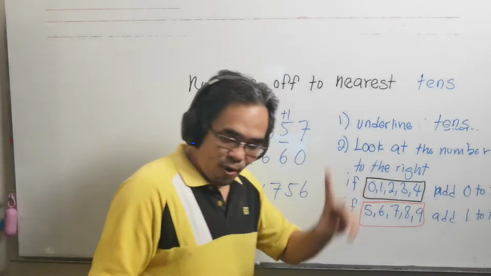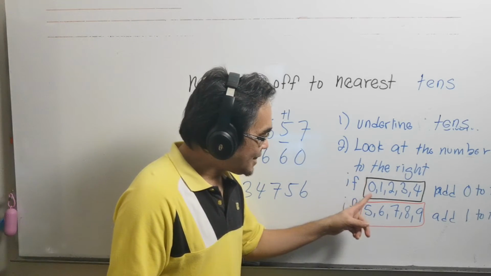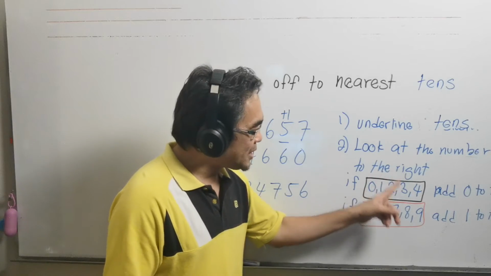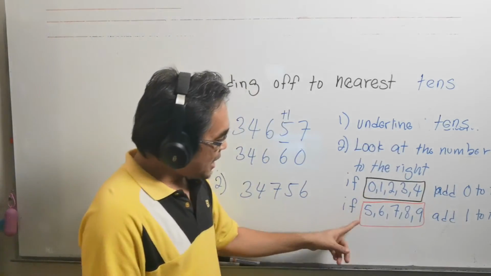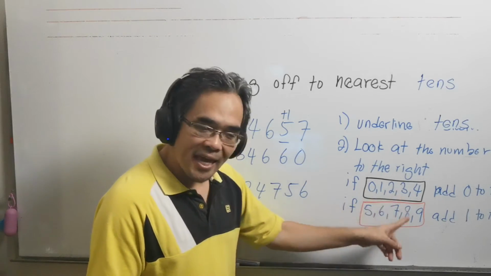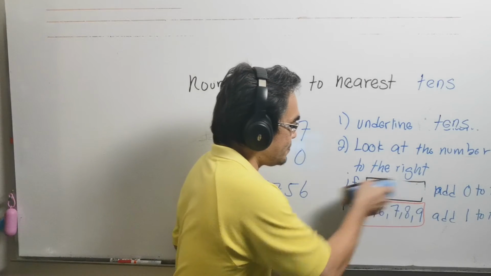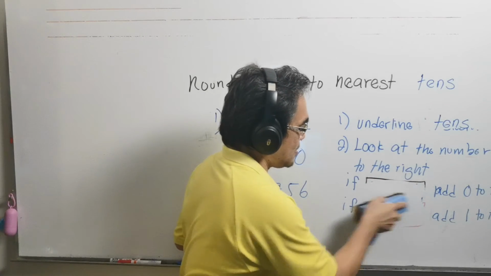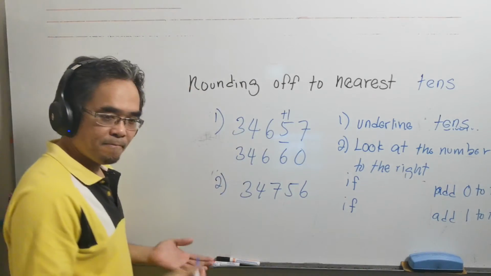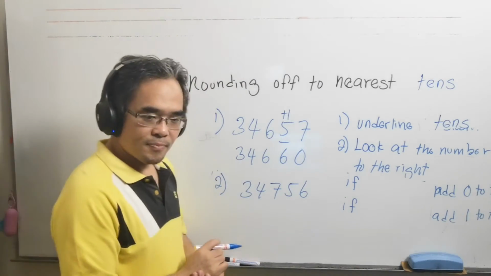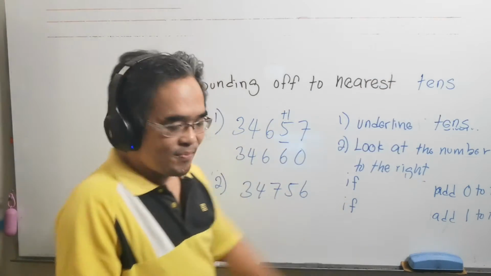So, before I erase, I want you to remember, if the number is either 0, 1, 2, 3, 4, you add 0. If 5, 6, 7, 8 or 9, add 1. Okay. The question is here. Nearest tens now.